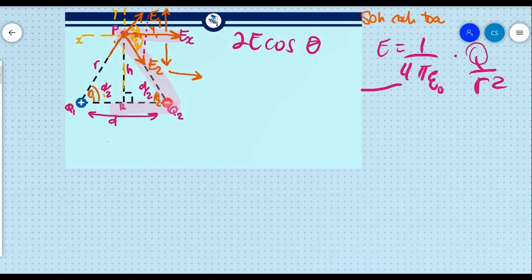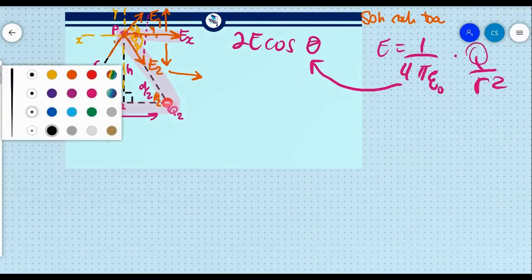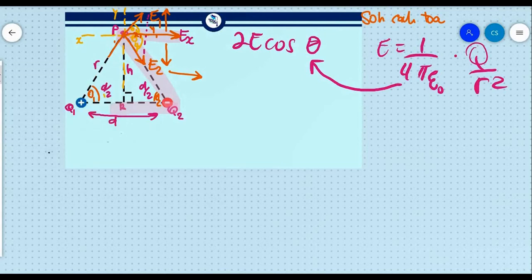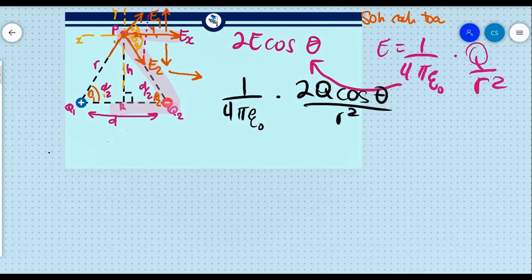And we said that we're putting this equation into this equation. So what you'd end up getting is 1 over 4 pi epsilon naught times 2Q cosine theta over R squared.